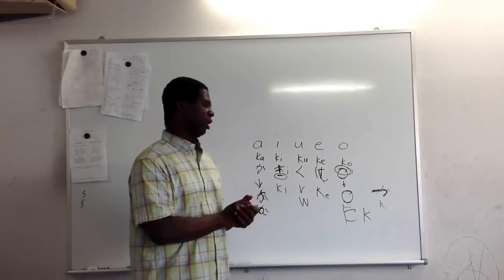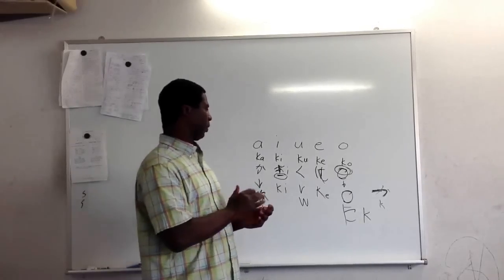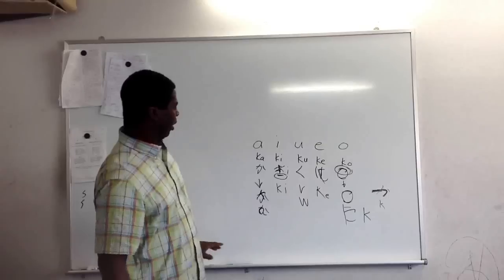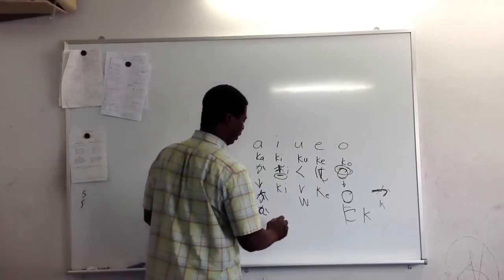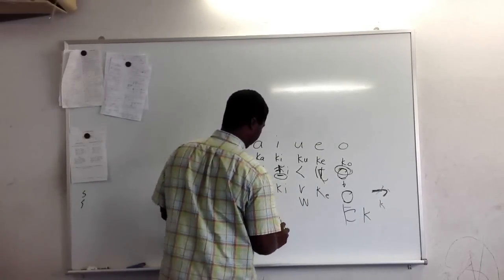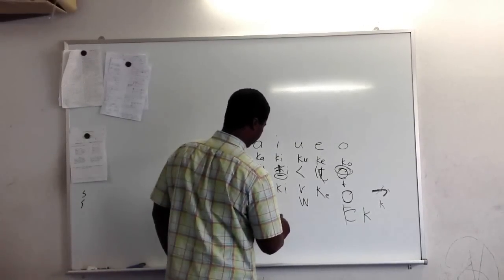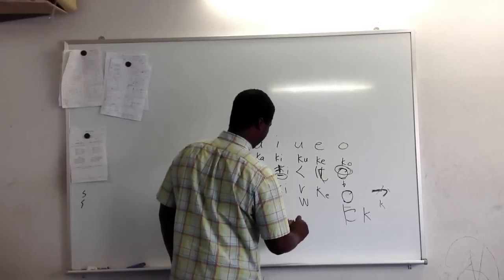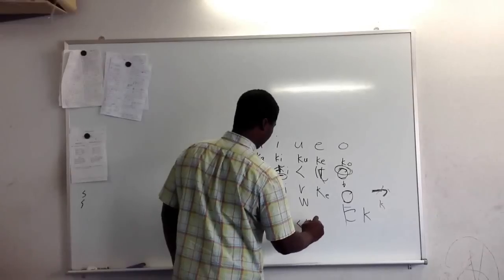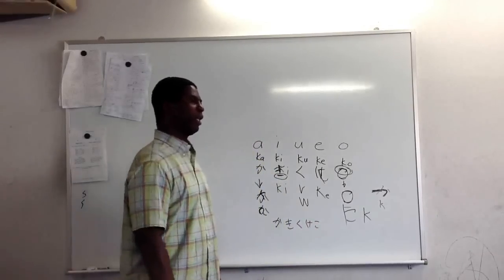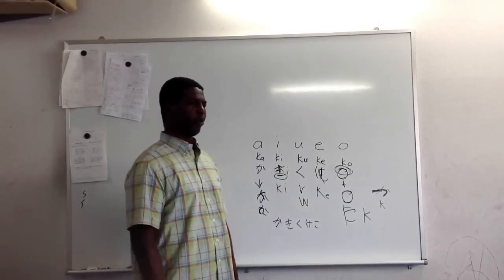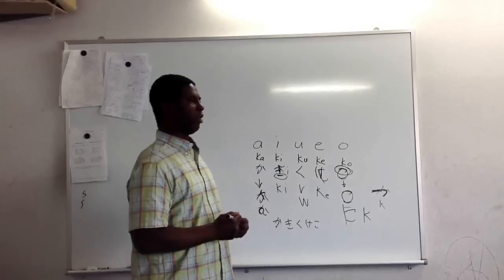But I'll get to those later. Anyway, that's it. So basically, if you want to read it, here: ka, ki, ku, ke, ko.